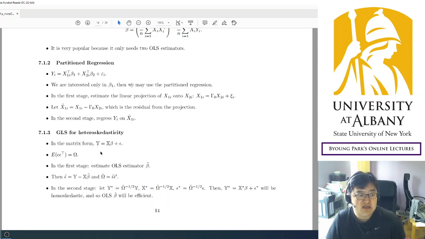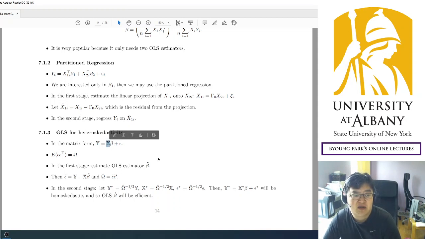In this case, the difference is that I will use matrix notation. y is n by 1. You observe a sample of size n, and y is a long vector which contains all observations of y.